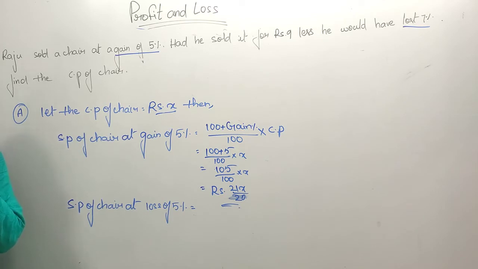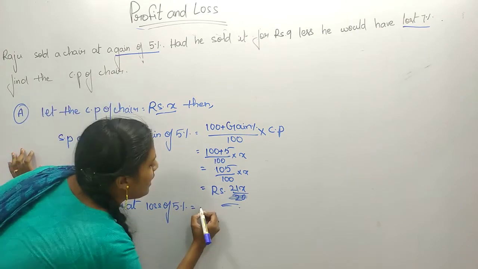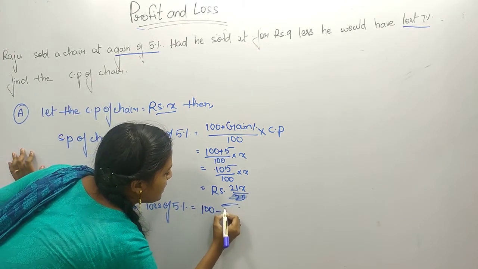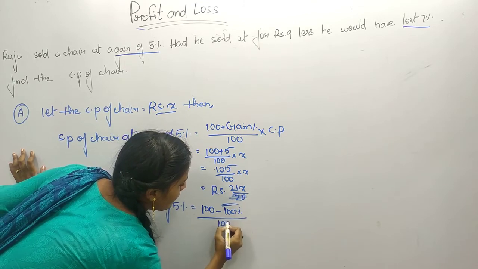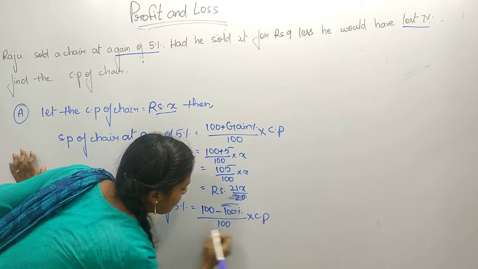What is the formula? 100 minus loss percent by 100 into CP. Okay, put the formula: 100 minus loss percent by 100 into CP.